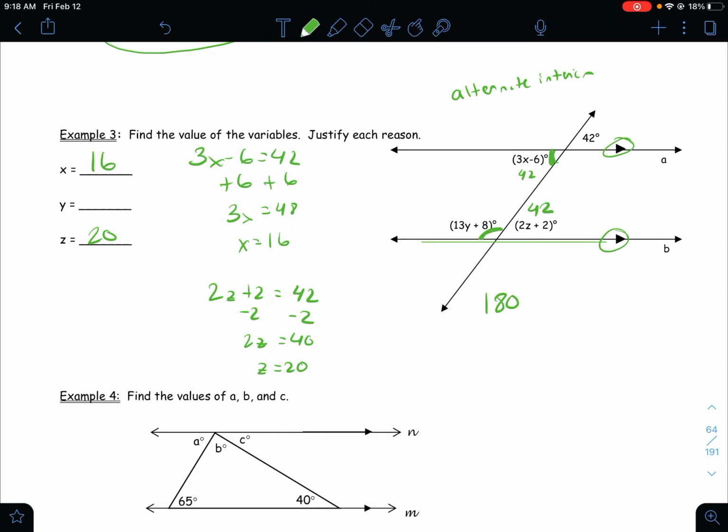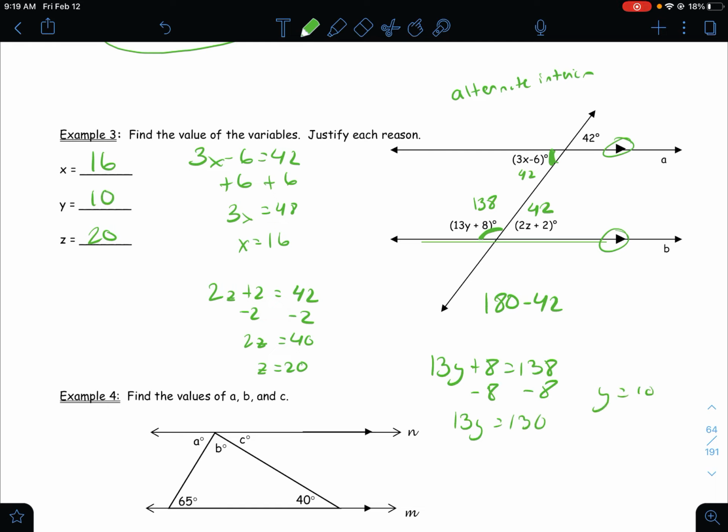We would do 180 minus 42, and you get 138. So we know that this whole angle is equal to 138. So we can say 13y plus 8 equals 138, and solve from there. So we'll do minus 8, we get 13y equals 130, we get y equals 10.